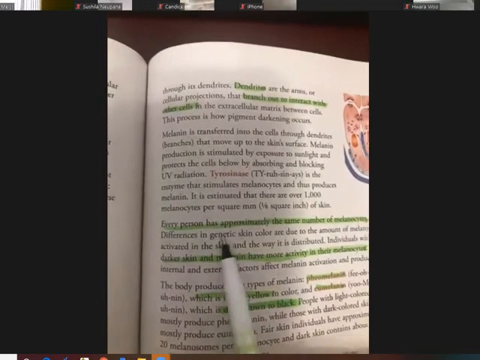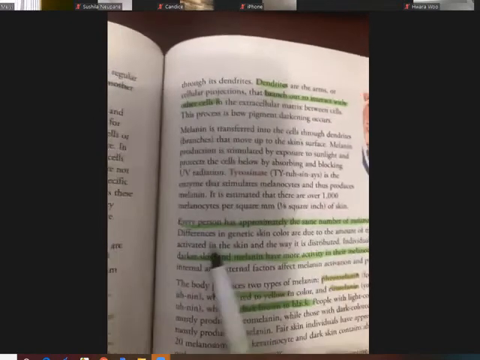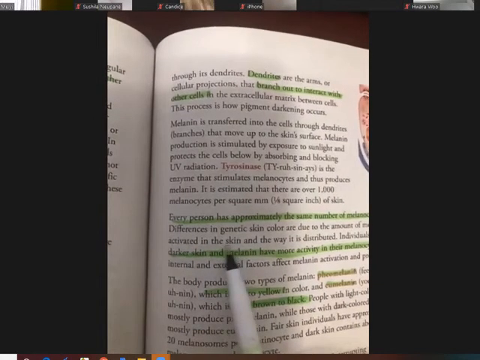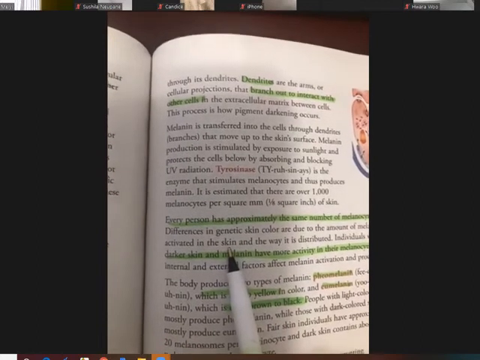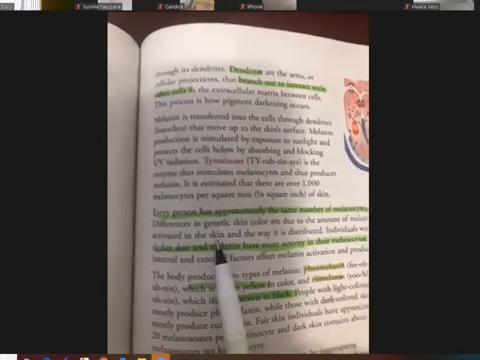Now every person has approximately the same number of melanocytes. The difference is the genetic color, due to the amount of melanin activated in the skin. So your skin color is determined by your genes and also the amount of melanin found in your skin.